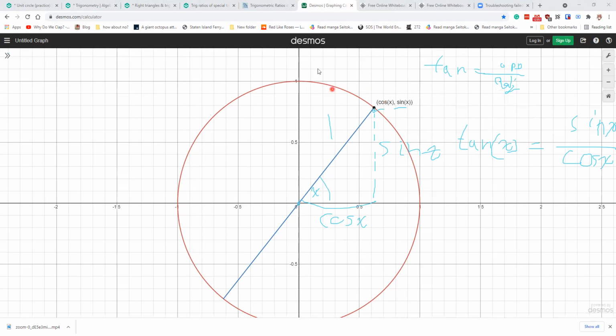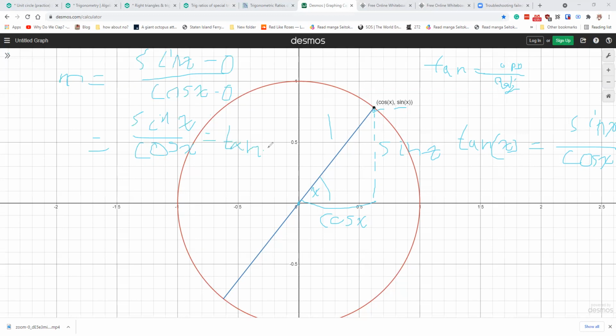So the slope of the line is equal to sine x minus 0 over cosine x minus 0, which is equal to just sine x over cosine x, which, as we just saw, is equal to tangent of x.